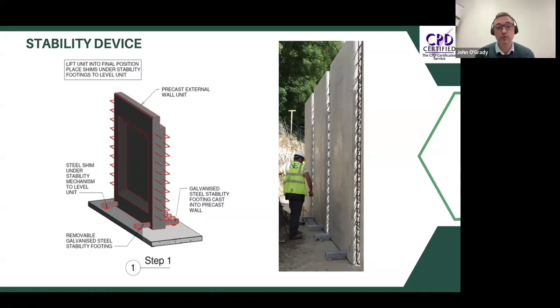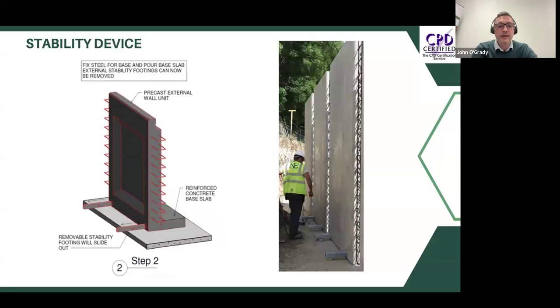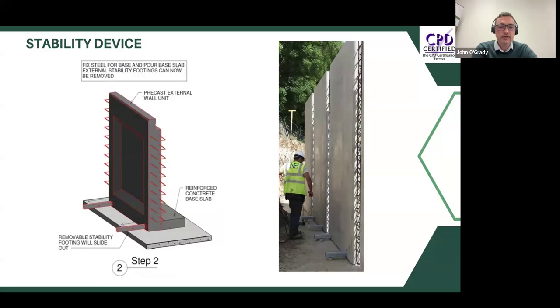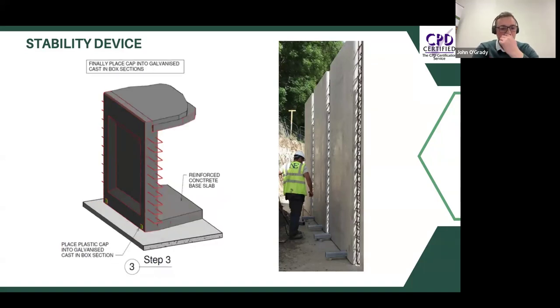Obviously, the height of the wall will dictate how large the stability foot is, but essentially, it allows us to level up the walls. And what happens is the unit on the inside of the tank gets cast into the base slab, and we remove the galvanized stability footing on the outside, and we finish that off by capping over the section. So it's a handy little system.